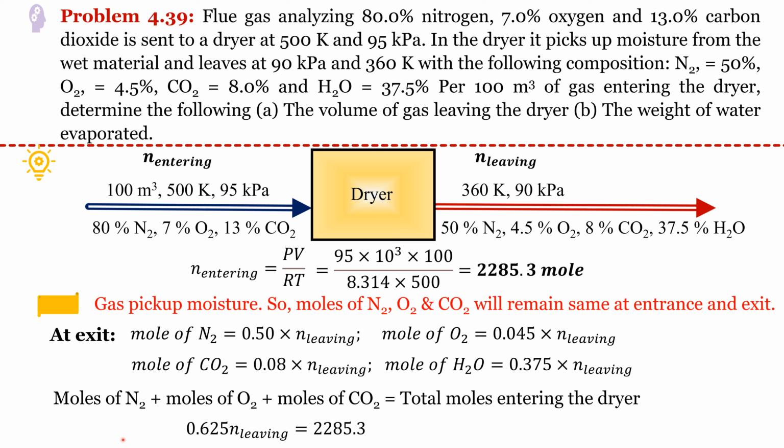So it will be equal to 0.625 into N leaving, which equals total moles entering, that is 2285.3 mole. So using this condition we can easily estimate the total moles of gas leaving. So total moles of gas leaving will come out as 3656.48 mole. Now we can easily estimate part A and part B.